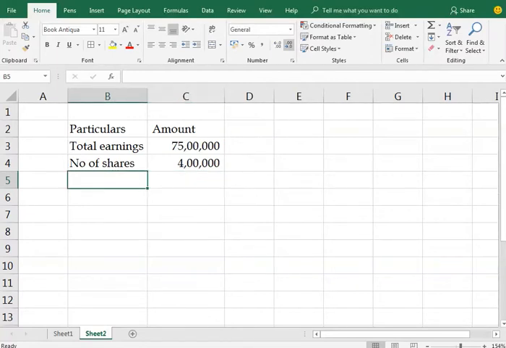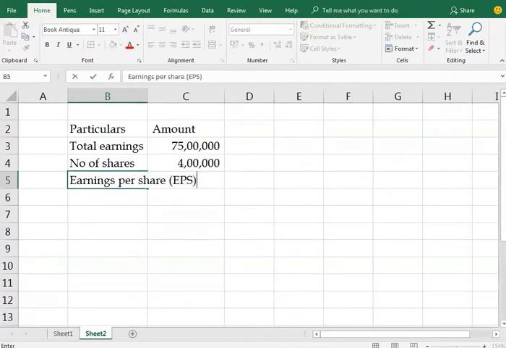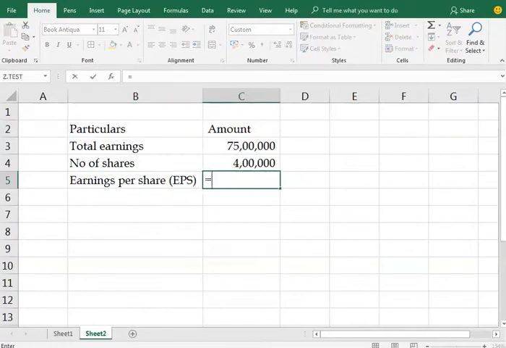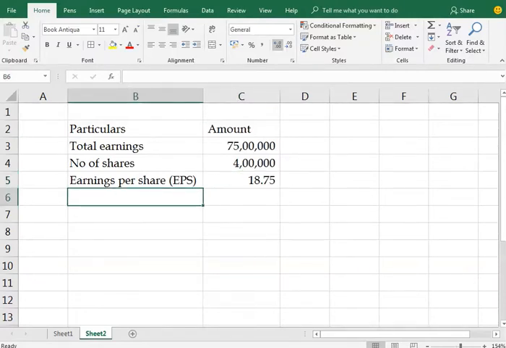Wherever P/E multiple is there and EPS can be computed, EPS into P/E multiple is your market price. So divide this and get earnings per share. After earnings per share, what do we capture? P/E multiple.